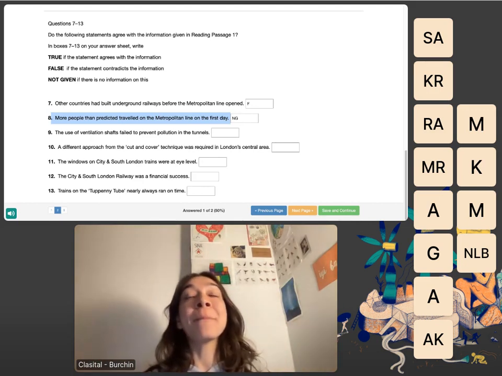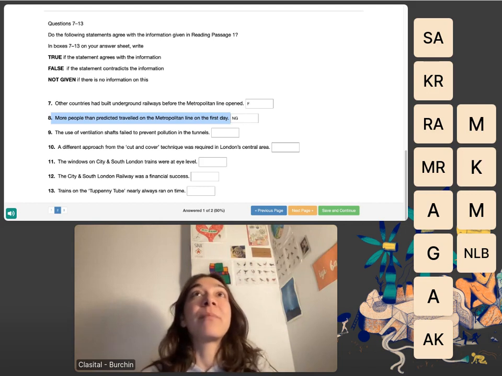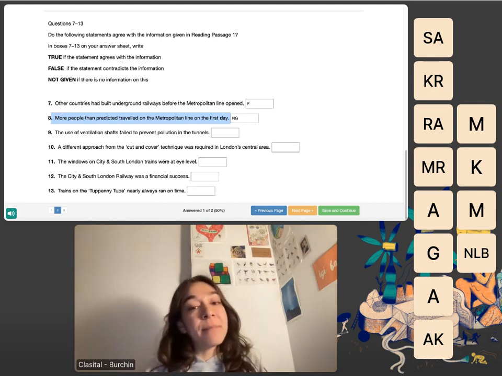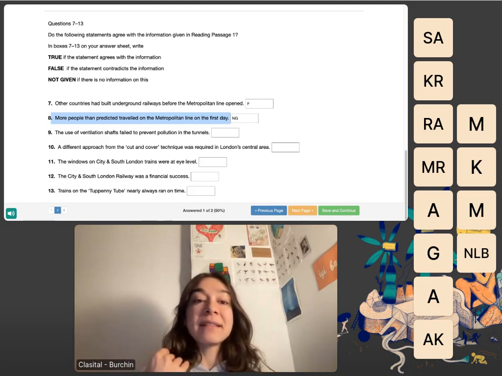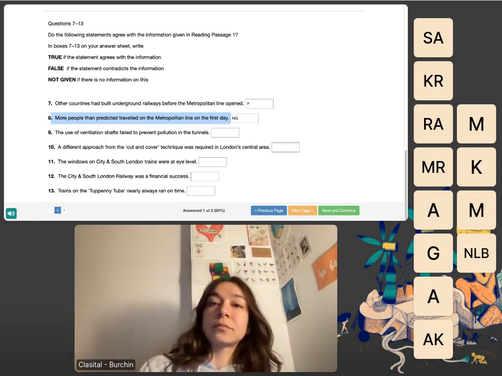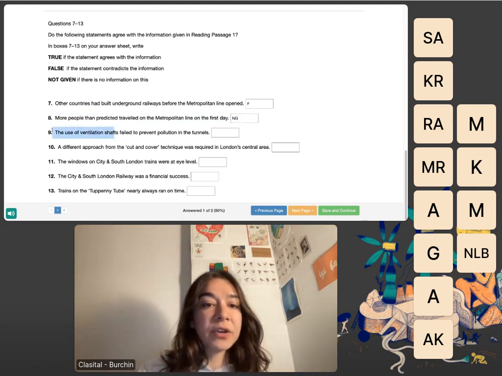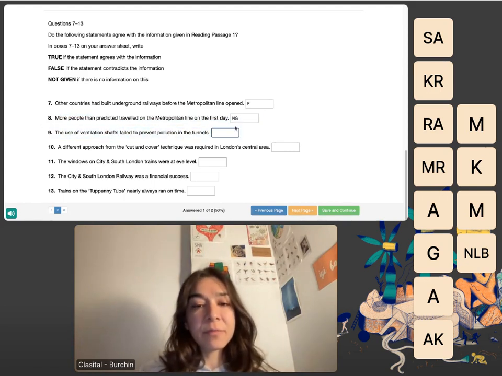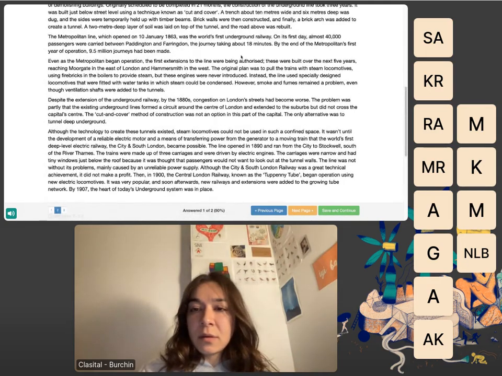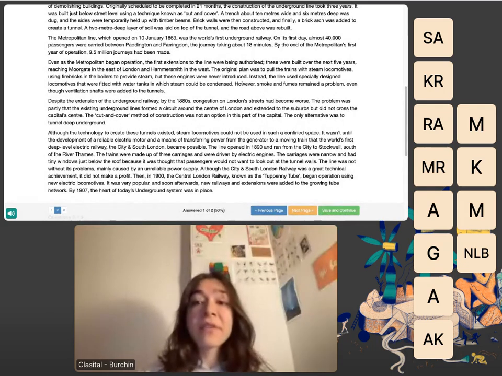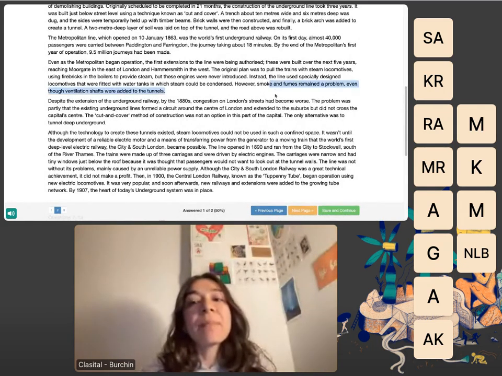There is just a comment about the prediction, but we don't know what they said. It is not given. The use of ventilation shafts failed to prevent pollution in the tunnels. It is true because here it says, however, smoke and fumes remained a problem even though the ventilation shafts were added to the tunnels.